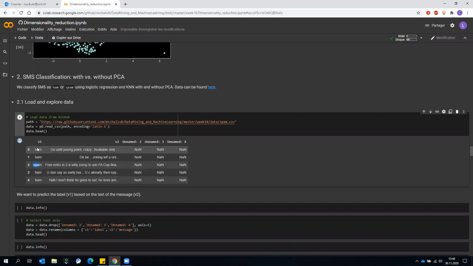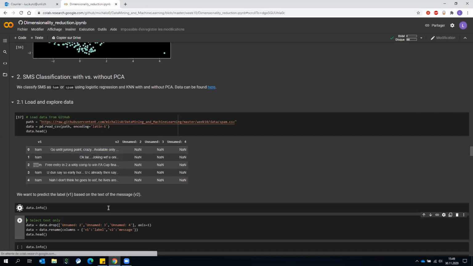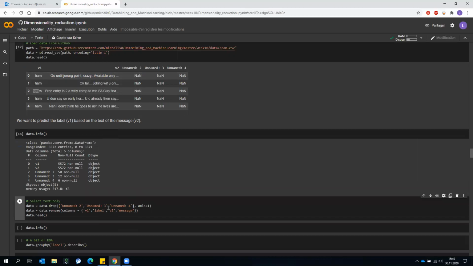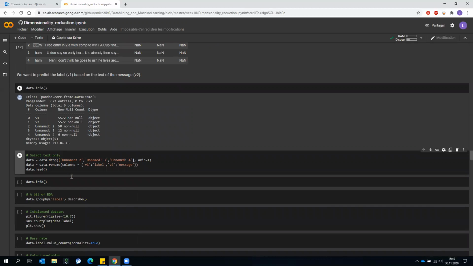So if it's ham or spam, based on the text message. In those columns, we will drop them because they are almost all null. So we drop using the drop method, then we rename the V1 into label and V2 into message.